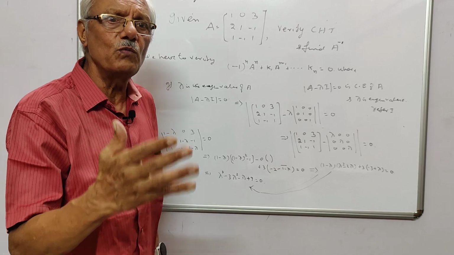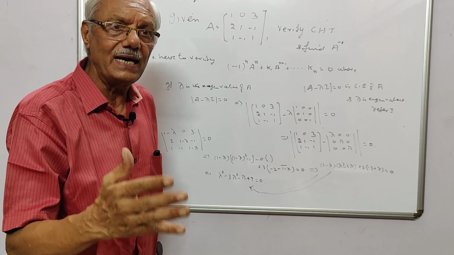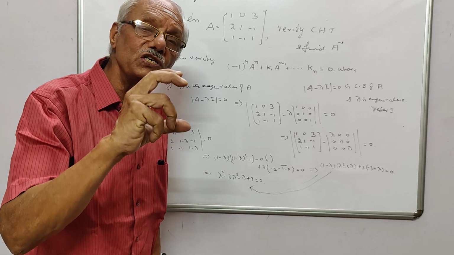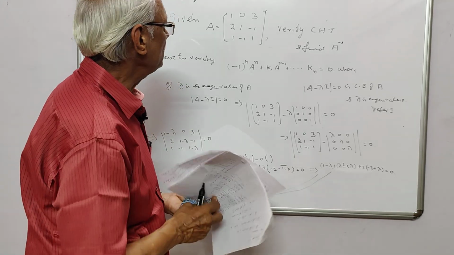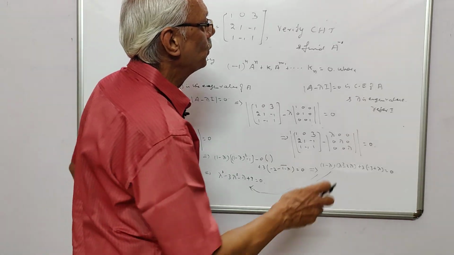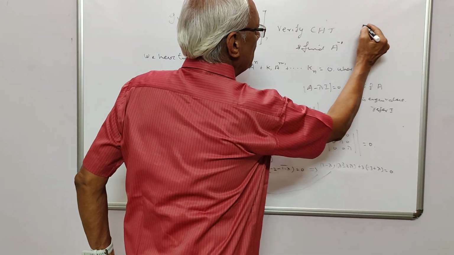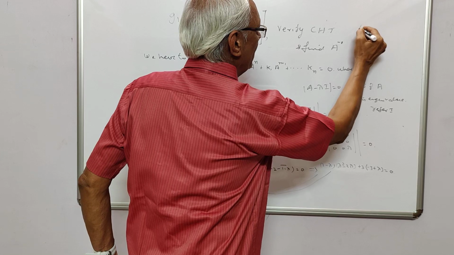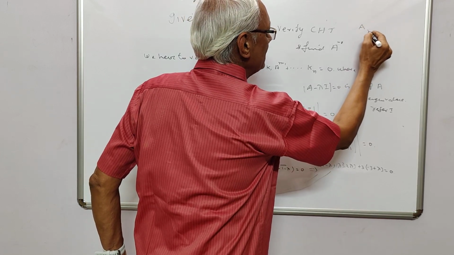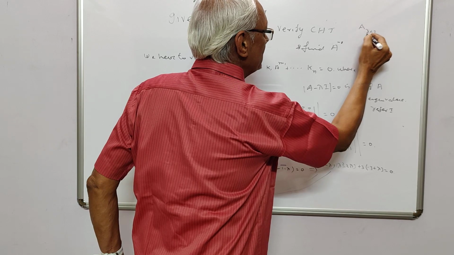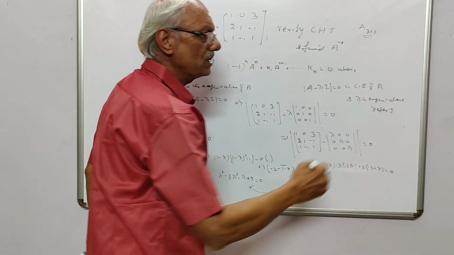So first and foremost, you must ensure that the characteristic equation is properly arrived at. Now I will tell you what it is. Suppose you have got a square matrix A, and let us suppose that it is a 3 cross 3 matrix.